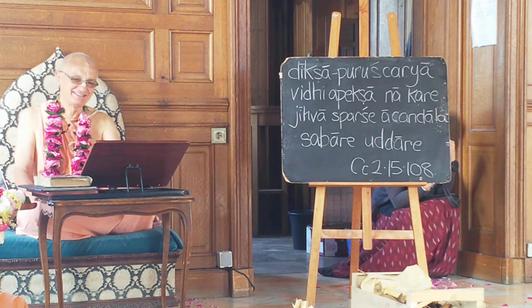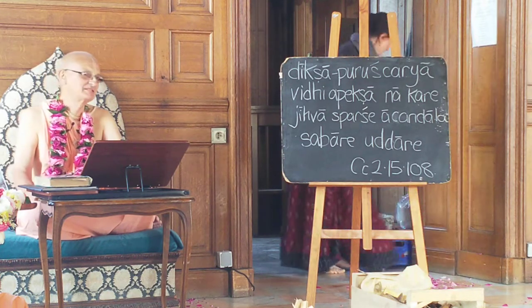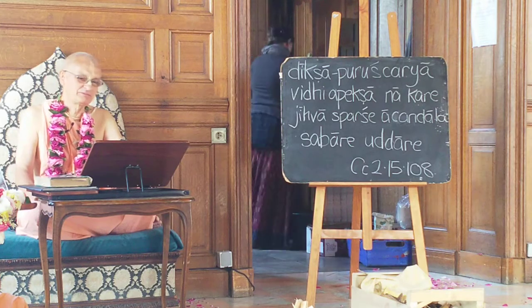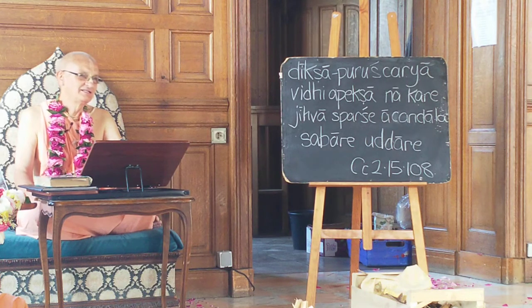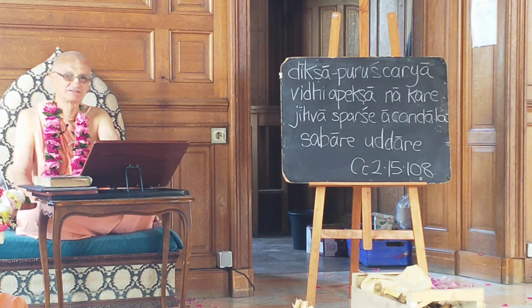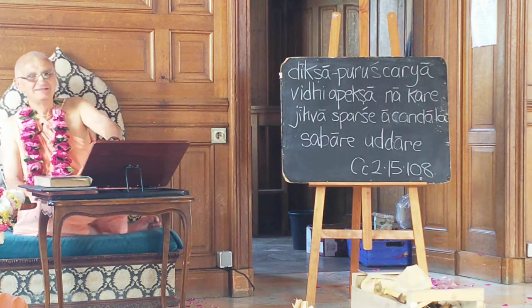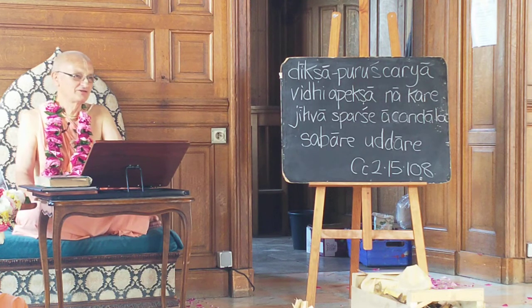A Chandala is, generally speaking, a person who has no regulated principles, like most people today. Another word in this verse is sabari, very related to shabaras, those persons who raise animals, pigs and what have you. Most of us, and I'm not saying all of us here today, probably come from families where we were eating meat.